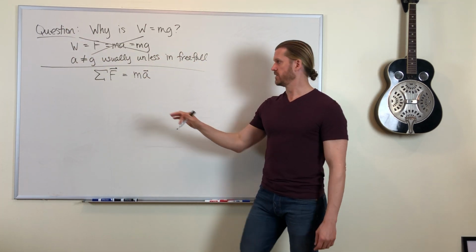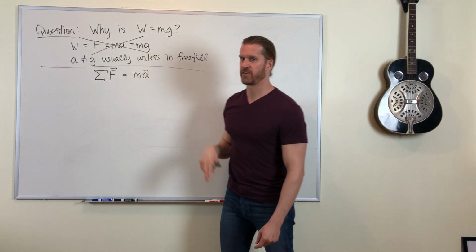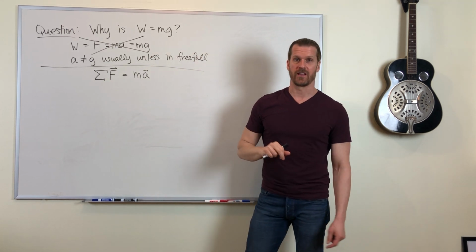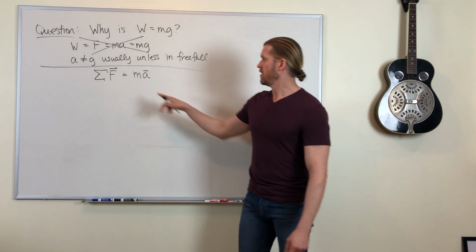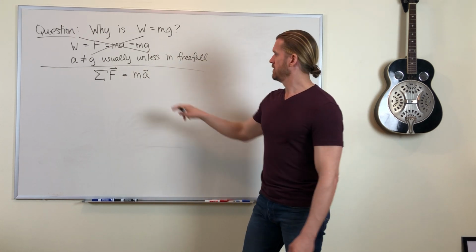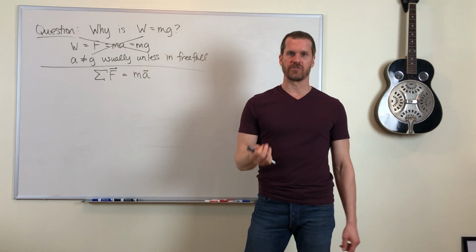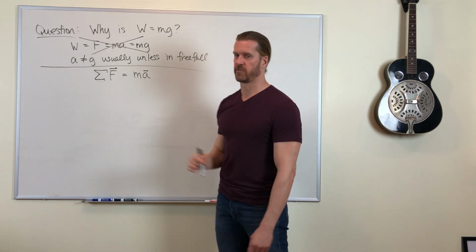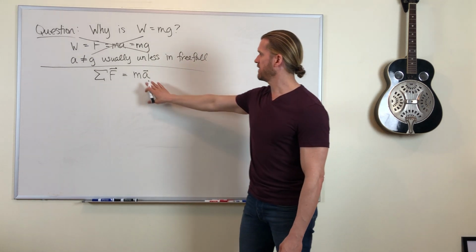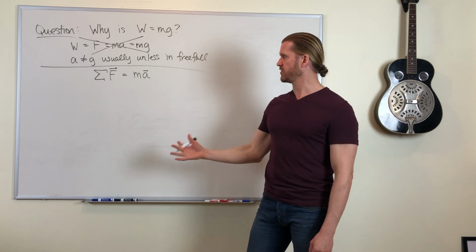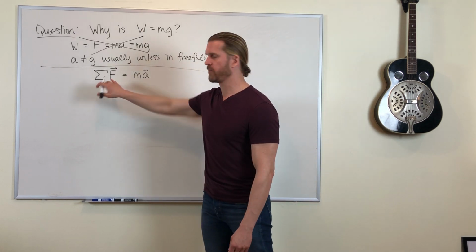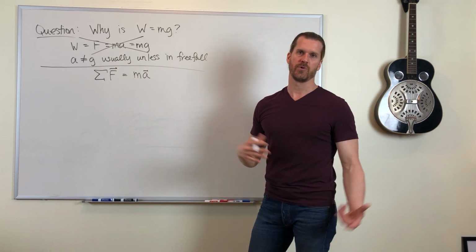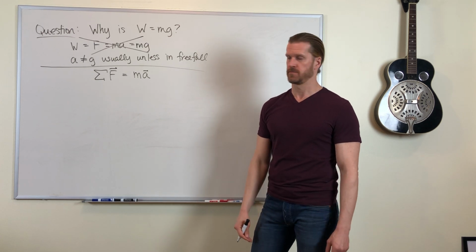So there's really a left-hand side and a right-hand side to Newton's second law. On the right-hand side is the acceleration of the object times its mass. And we're saying that this acceleration depends on all of the forces that are pushing and pulling on that object.